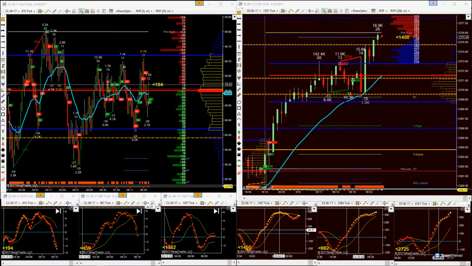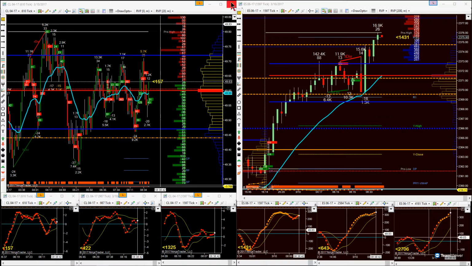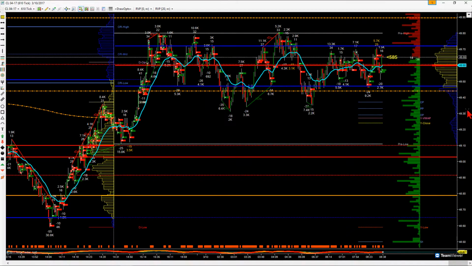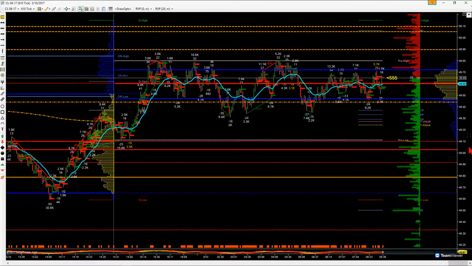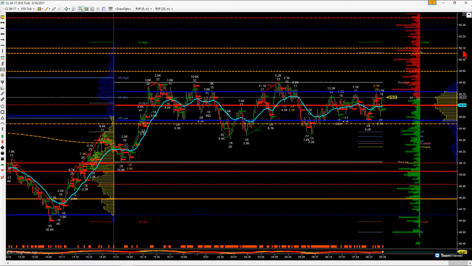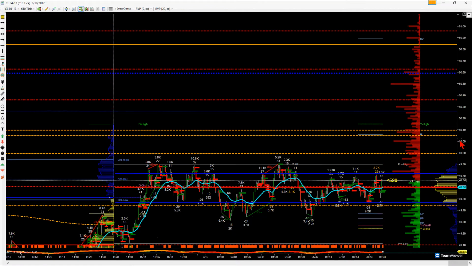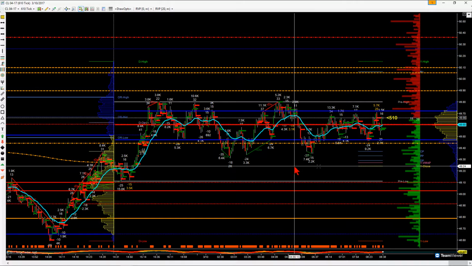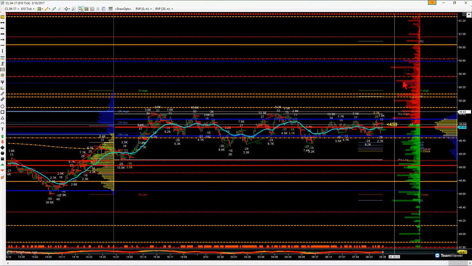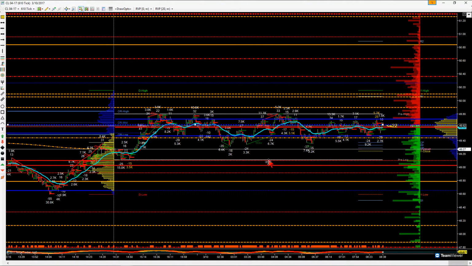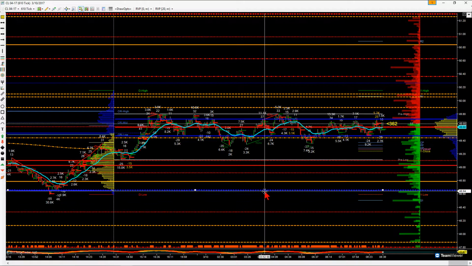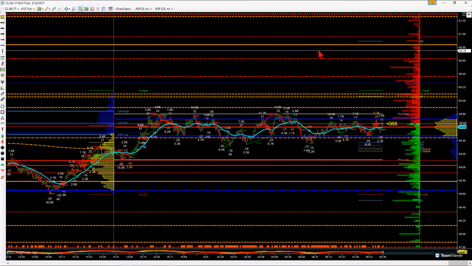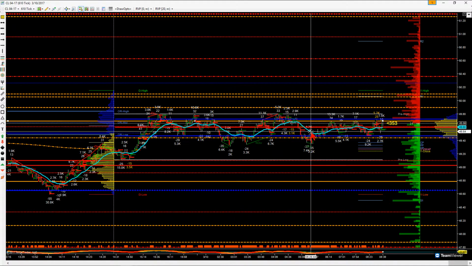Okay, let's take a look at setting up our lines, our levels. All right. So real quick, we're doing our value area low, value area high, overnight high, and overnight low.